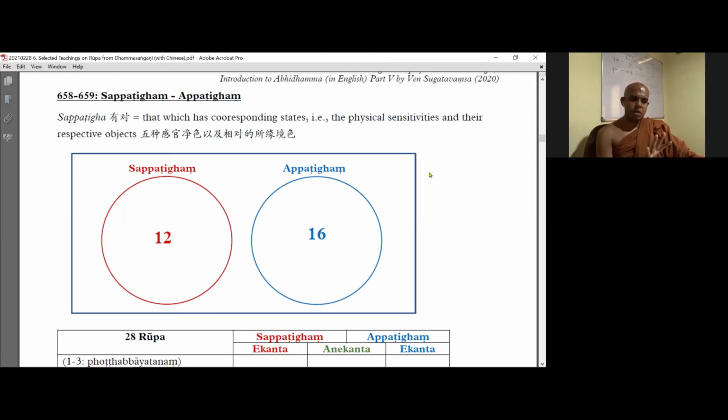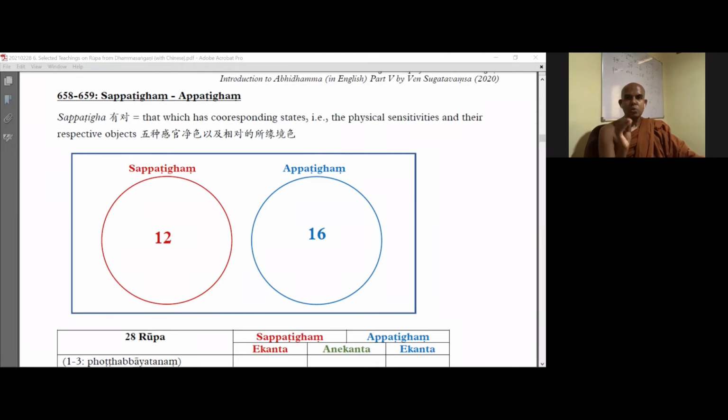Now, how many rupa are there? Eye, color, ear, sound, nose, smell, tongue, taste, body, and three Mahabhuta become 12.